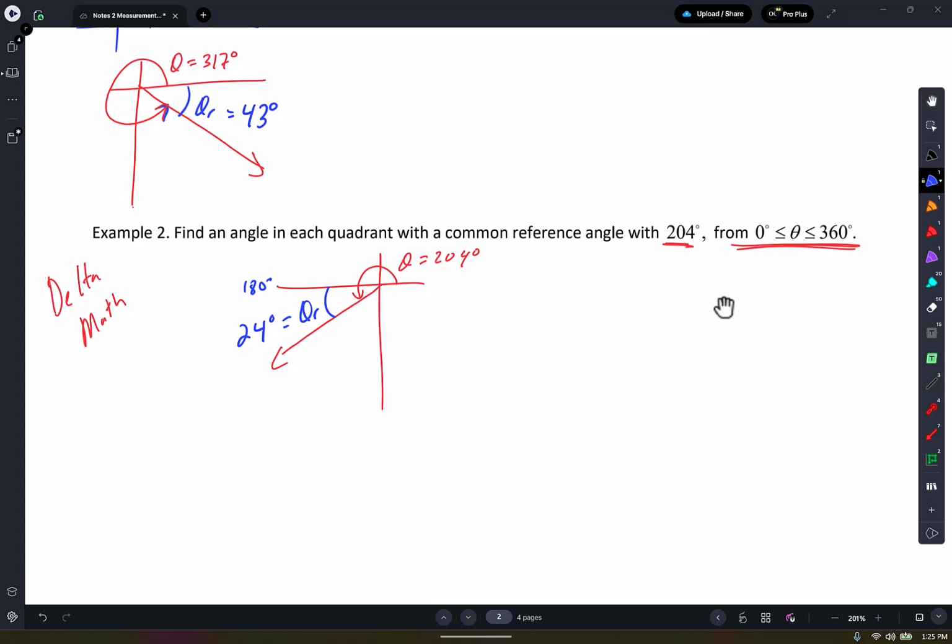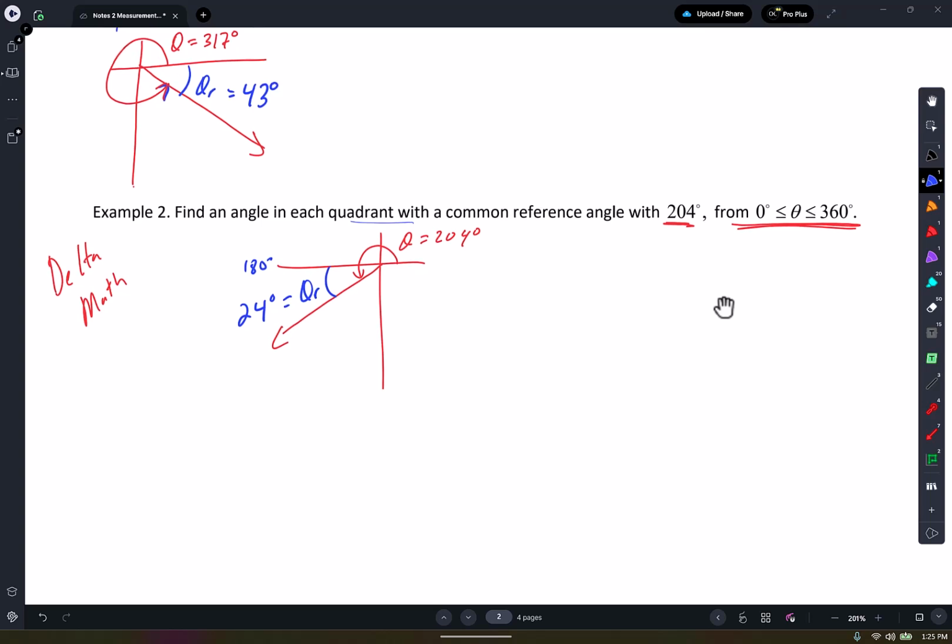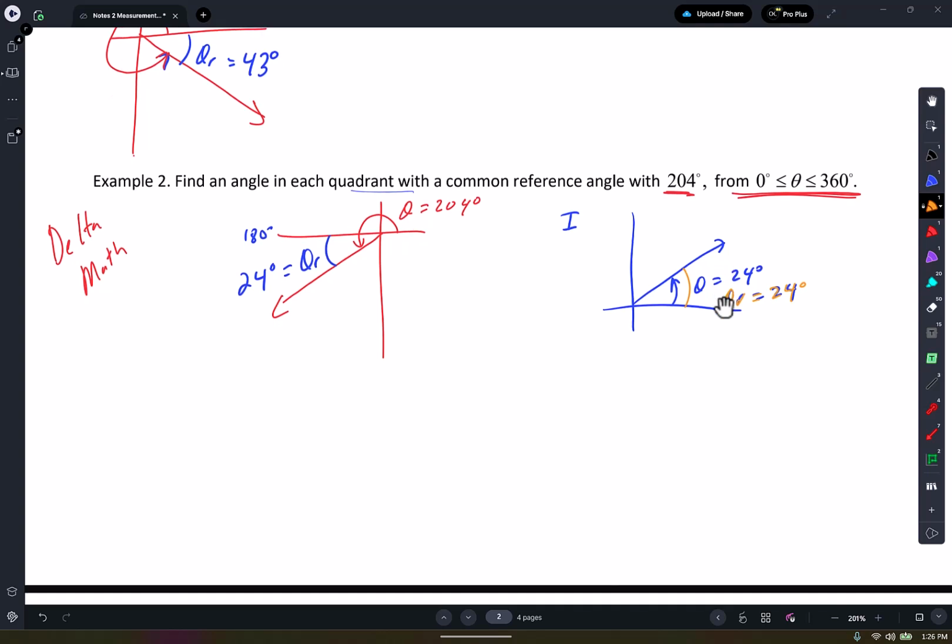It wants us to find an angle in each quadrant. In quadrant 1, if my reference angle is 24 degrees, my angle is 24 degrees. So there it is, theta equals 24 degrees. Theta r is just 24. Are we okay? In quadrant 2, here's 24 degrees.